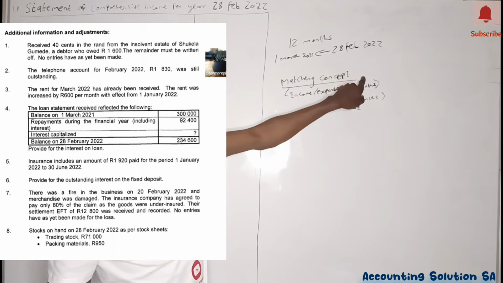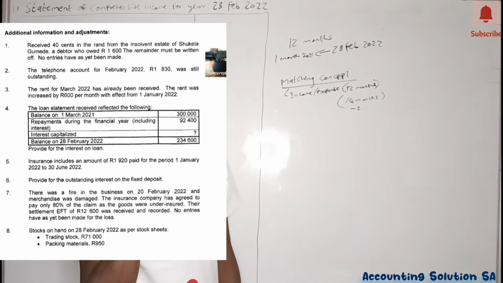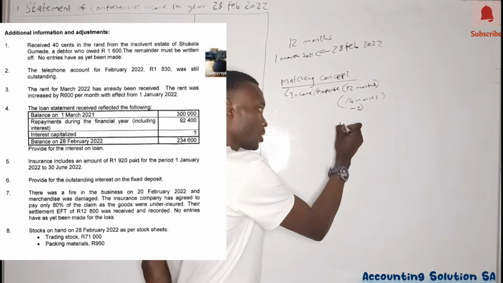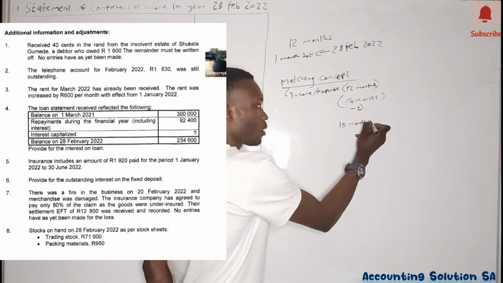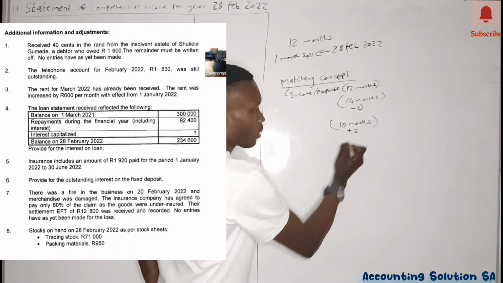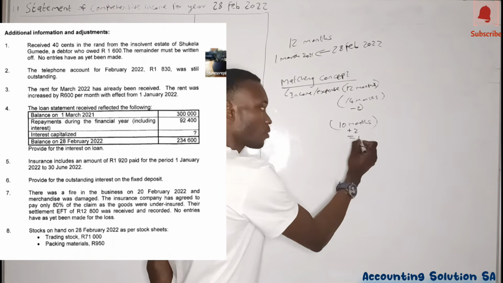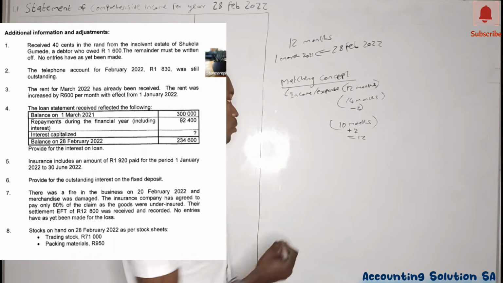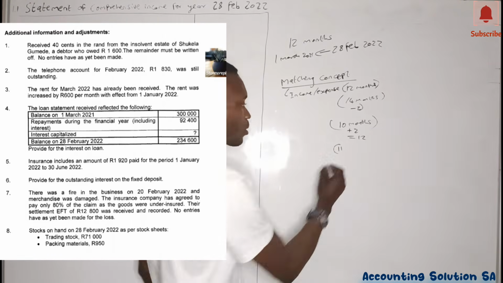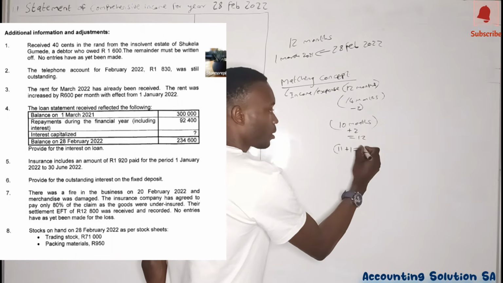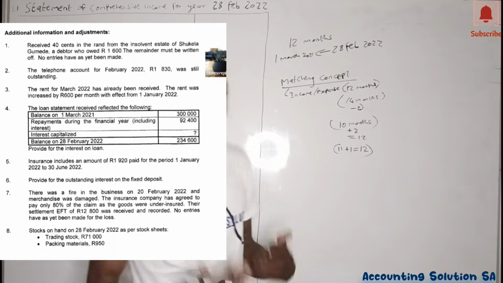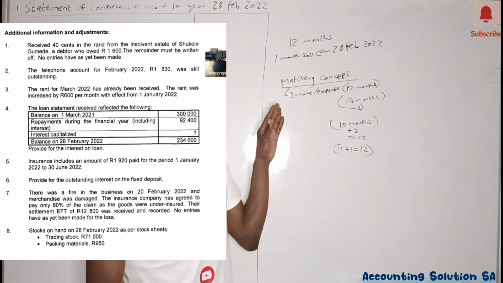Then it's going to be a matching concept. If they give you a transaction that they recorded for 10 months, you have to add 2 months so that it gives you 12 months. Or if they give you a transaction that they recorded 11, you just have to add 1, then it's going to give you 12. You have to make sure that you record the transaction for 12 months.